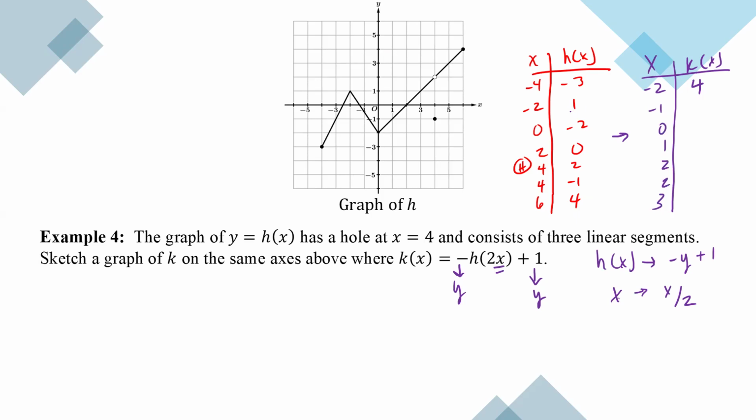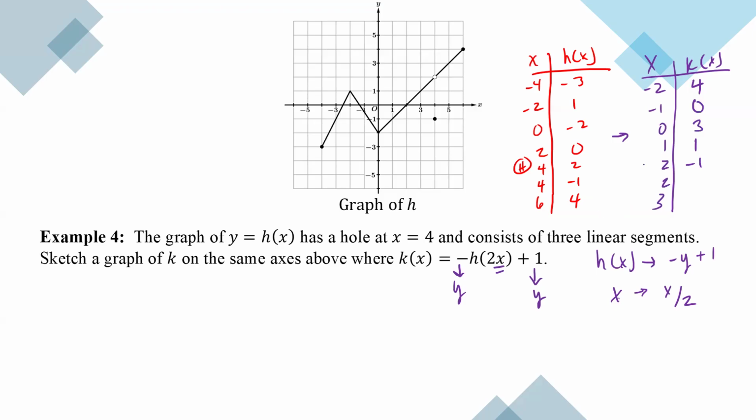So 1 is going to become what? -1, because it becomes negative, and -1 plus 1 is 0. -2 becomes a +2, and 2 plus 1 is 3. 0 is still 0, and 0 plus 1 is 1. 2 becomes -2, and -2 plus 1 is -1.